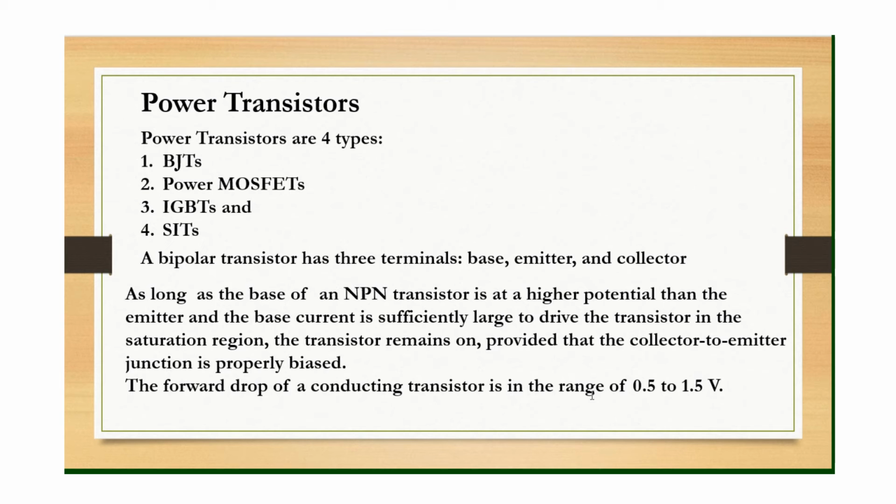So the transistor remains on, provided that the collector to emitter junction is properly biased, and it has to be maintained in a constant voltage, right? So typically the voltage drop of conducting transistor is in the range of 0.5 to 1.5. That's about a brief just to recall what you've already studied. Obviously we'll be discussing in detail.